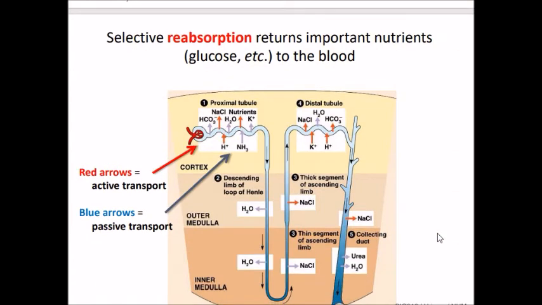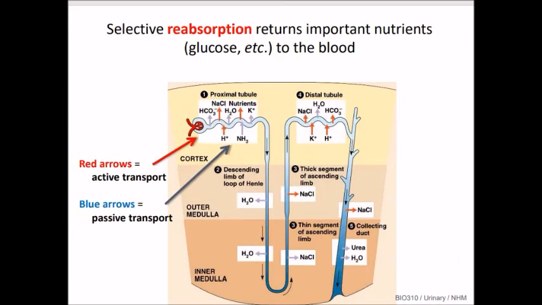The reabsorption process is selective for important nutrients only. They will be reabsorbed from the nephron back to the blood. As you can see over here, some of the reabsorption is referred to as active reabsorption, involving active transport, and some of the molecules might be reabsorbed through passive transport.